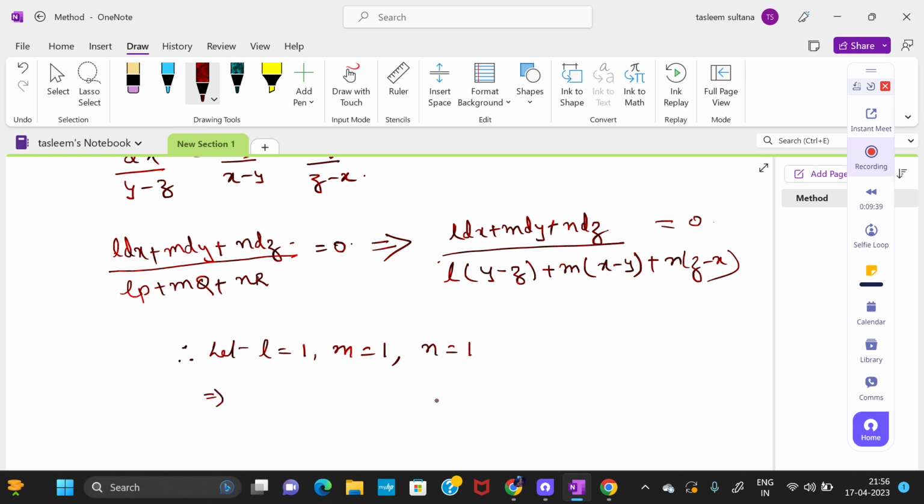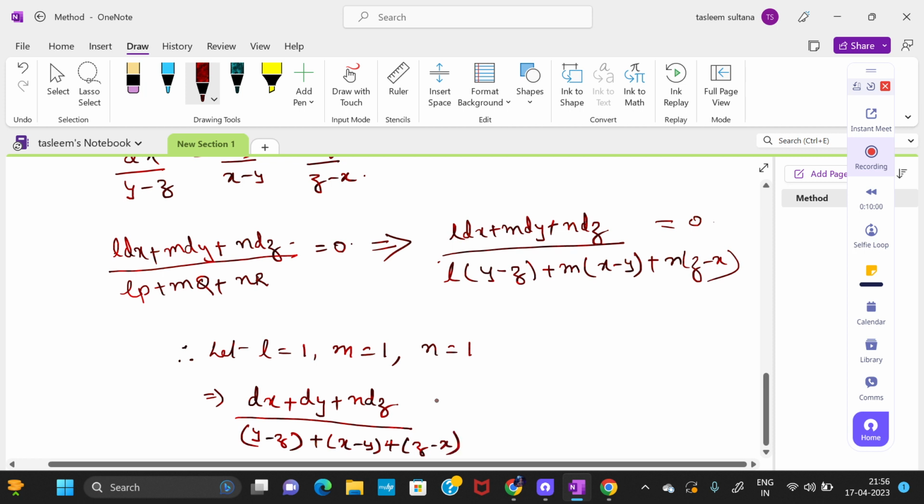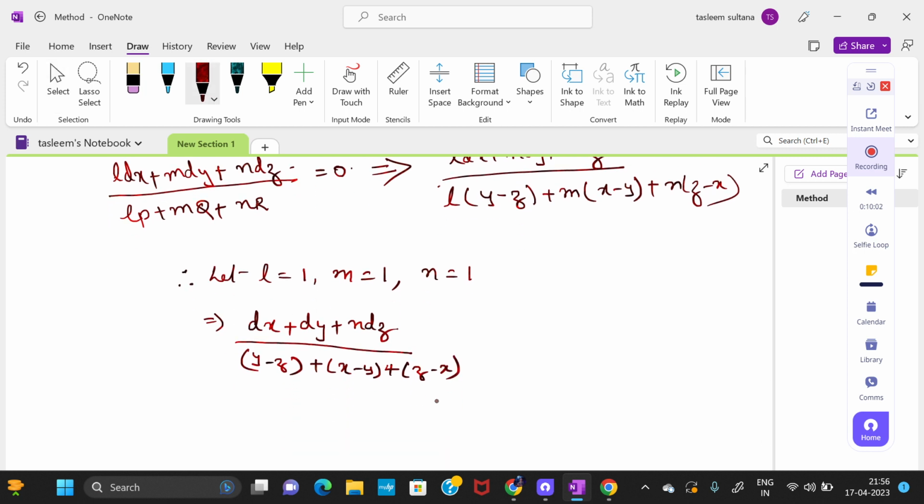It is dx plus dy plus dz divided by (y minus z) plus (x minus y) plus (z minus x), equals 0. I will do the cancellation with a different color.